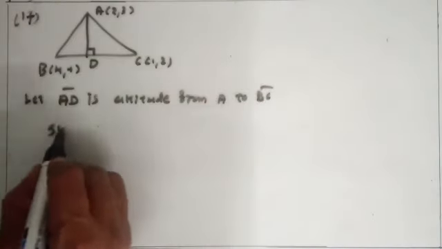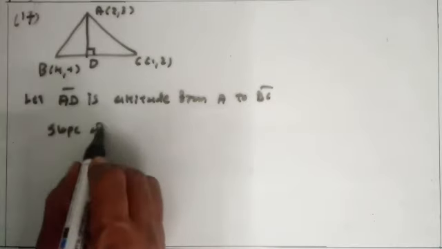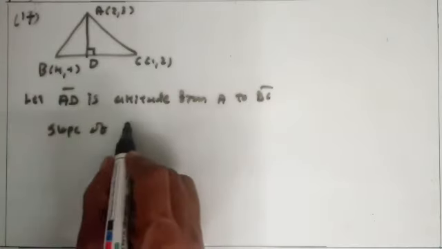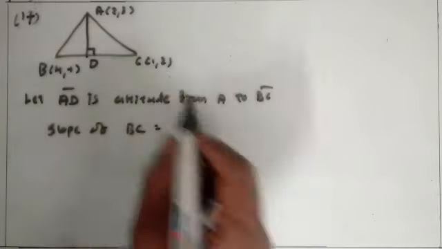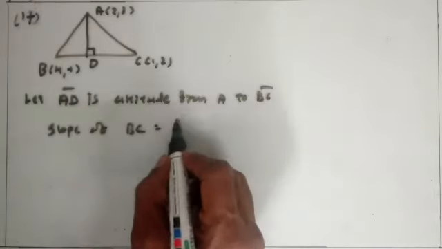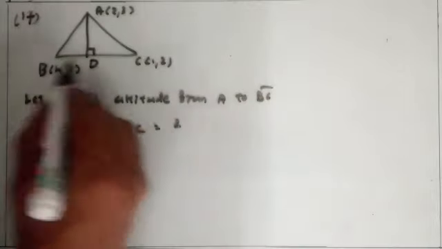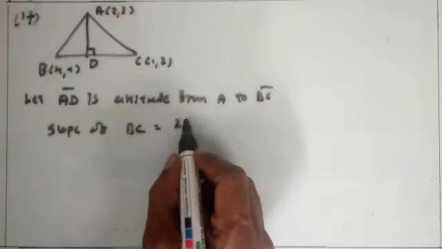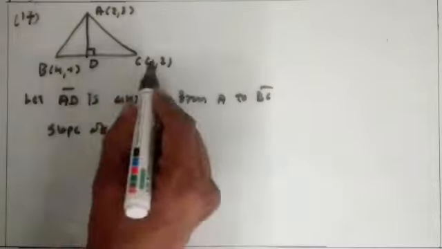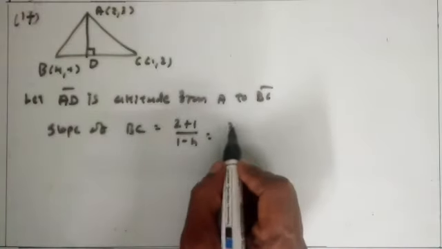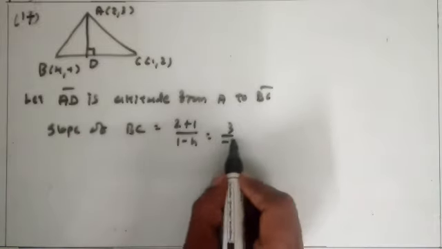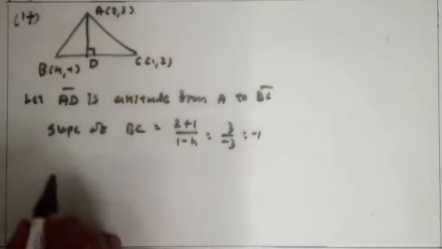The slope of BC is (y2 - y1)/(x2 - x1) = (2 + 1)/(1 - 4) = 3/(-3) = -1.